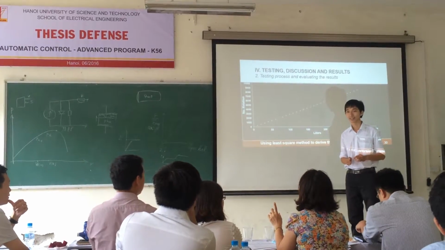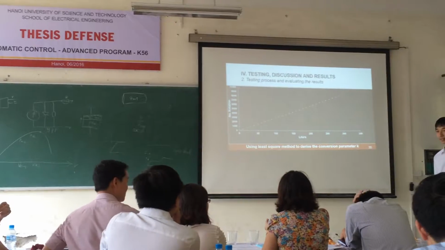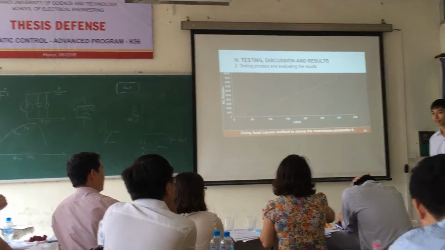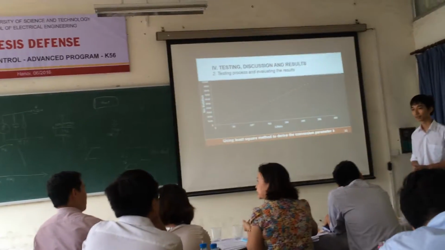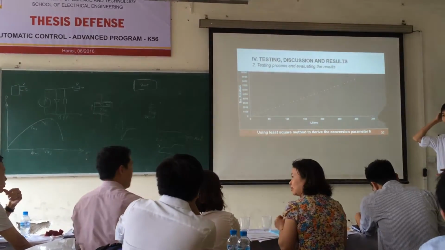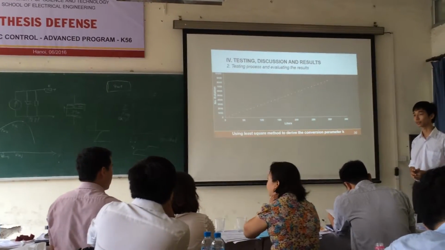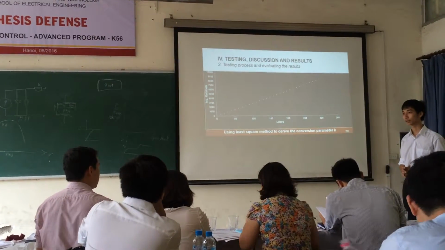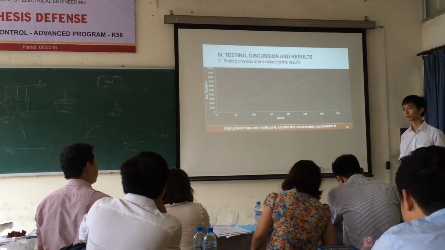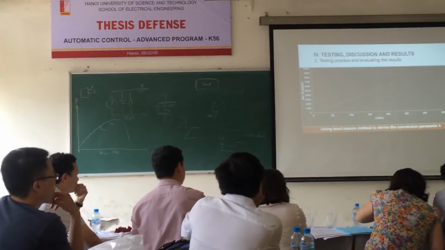Yeah. Normally, because you have only one line, you have only one coefficient, the slope of this line. So normally the least square method is a statistical method, and when you use a statistical method, you need enough data.